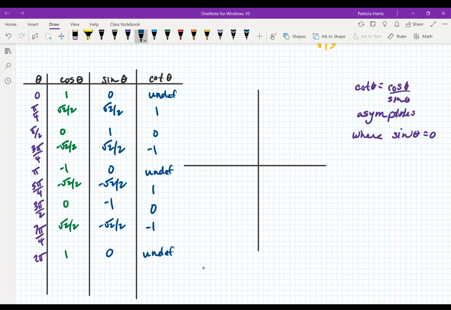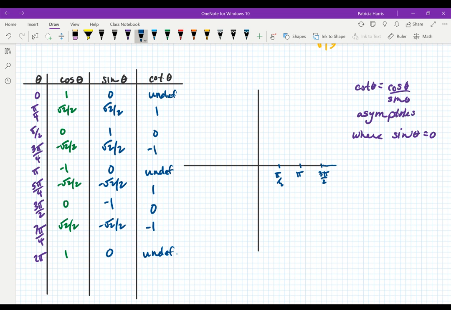Now you'll notice here that the asymptotes occur at 0, pi, and 2 pi, so even multiples. So this is actually a little bit easier than tangent. Okay, so here I'm going to say this is pi over 2. This is pi. 3 pi over 2.